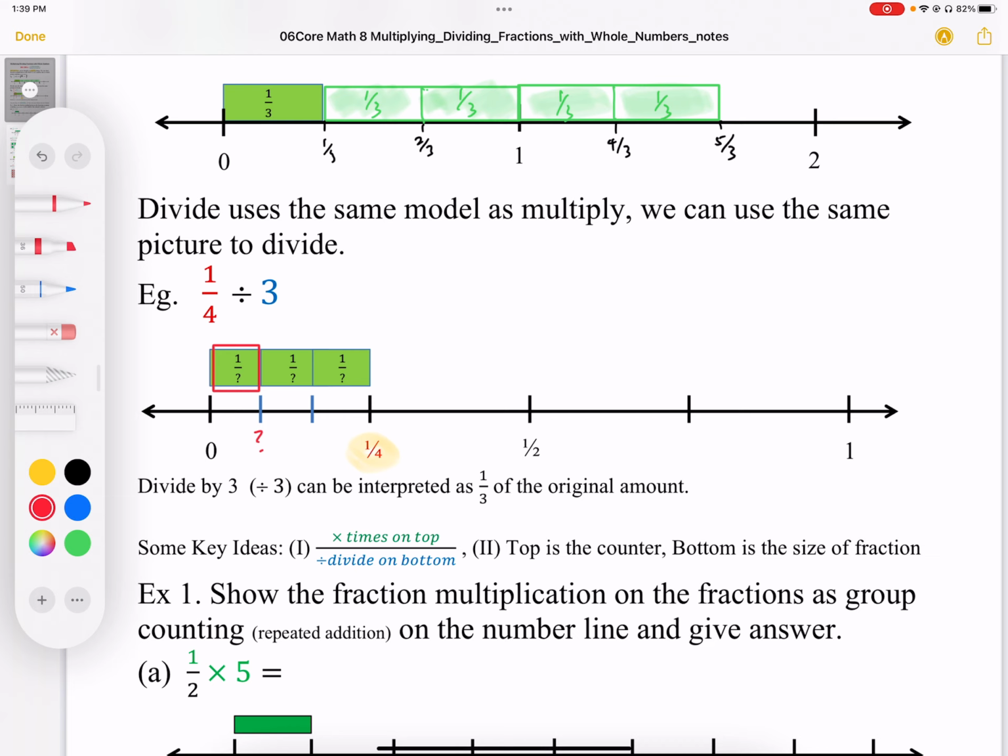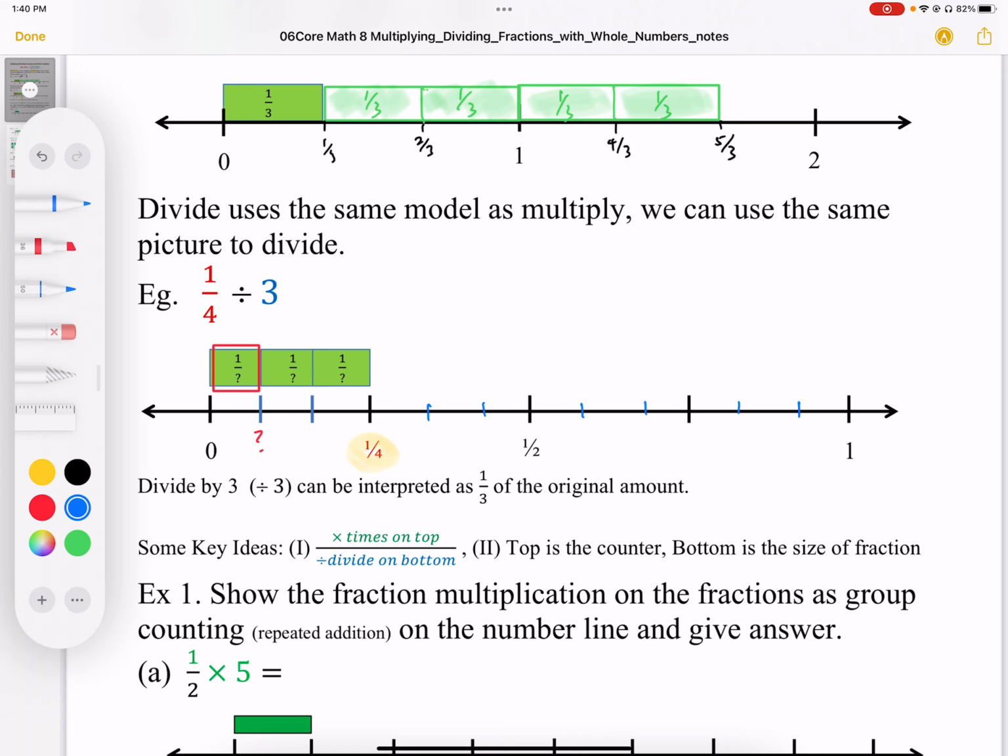If I'm going to divide this number line into these small increments, I'm going to do that the same all along the number line. If you were to count this, we end up with 1, 2, 3, 4, 5, 6, 7, 8, 9, 10, 11, 12 to make up the whole.